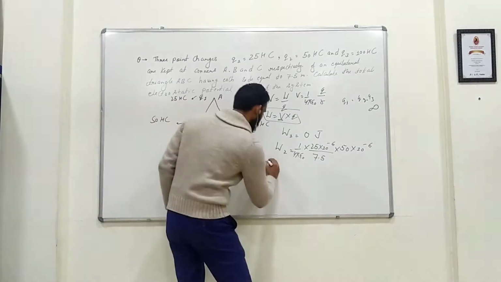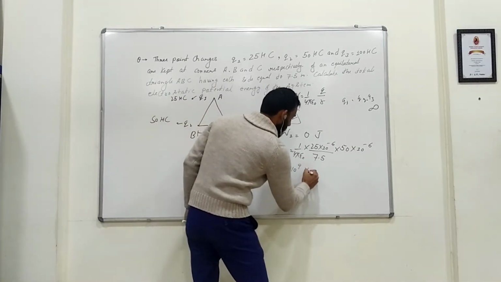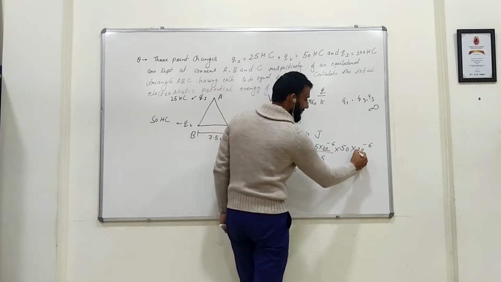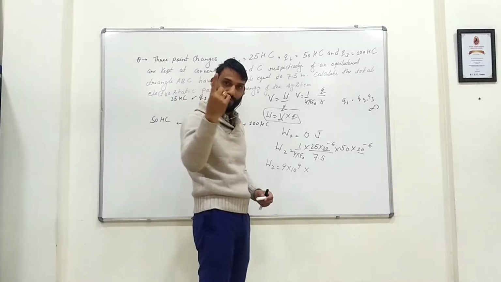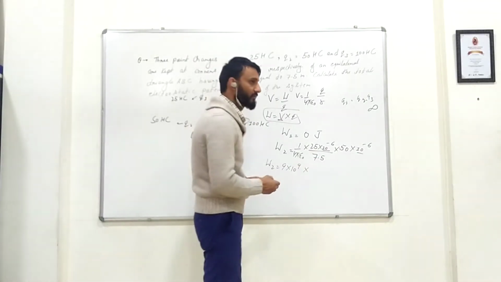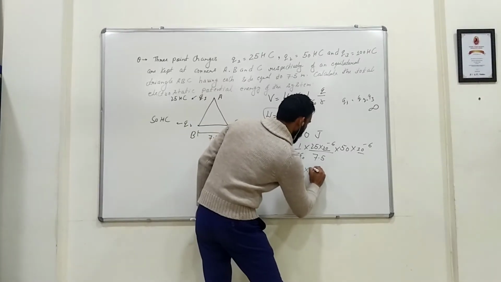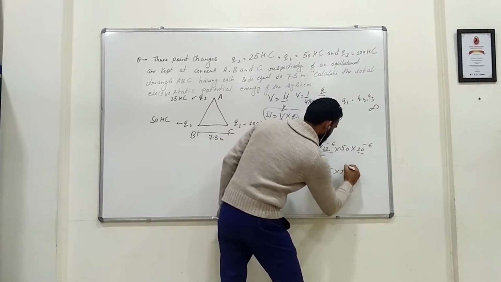Now this W2 will be 9 into 10 to the power 9 into 10 to the power minus 6 and 10 to the power minus 6. This will be 10 to the power minus 12, and then this 0 goes there, so it becomes 10 to the power minus 11. So it will be 25 into 5 into 10 to the power minus 11.